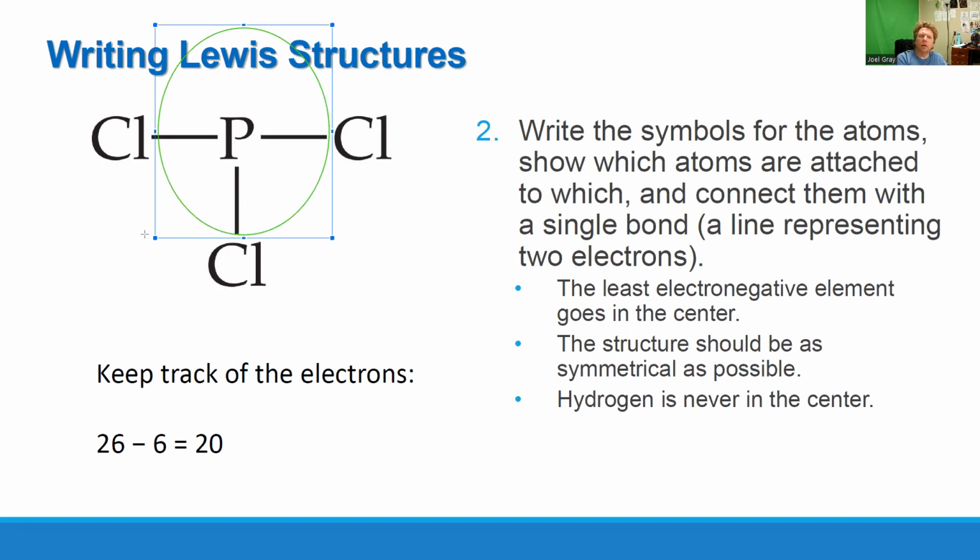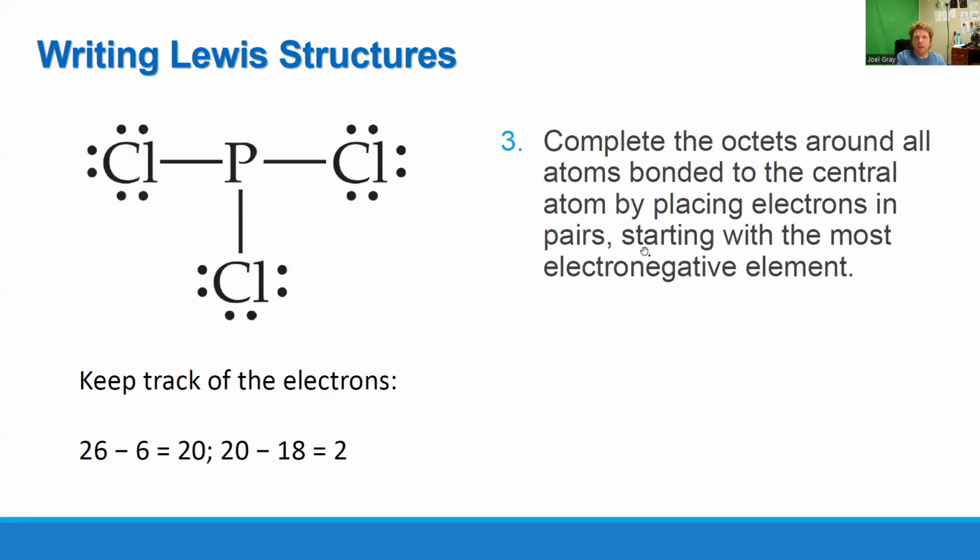So does phosphorus have a complete octet? It does not. It has 6 electrons. It needs 8. We're going to get there. Okay, so now we have 20 electrons left to draw. And we need to complete an octet for each one of our chlorines and our phosphorus.